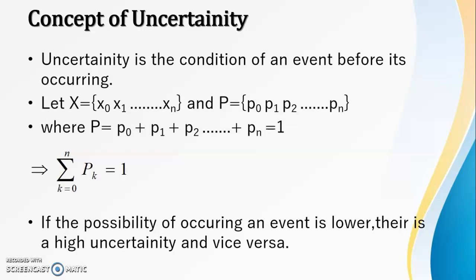So in short, when the probability of occurring of an event is very low, its uncertainty will increase, and you can say the event is very unlikely to occur. And when the event has already occurred, then we get the information and there is no uncertainty.